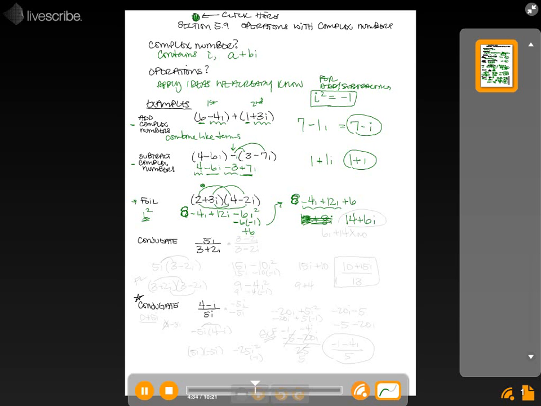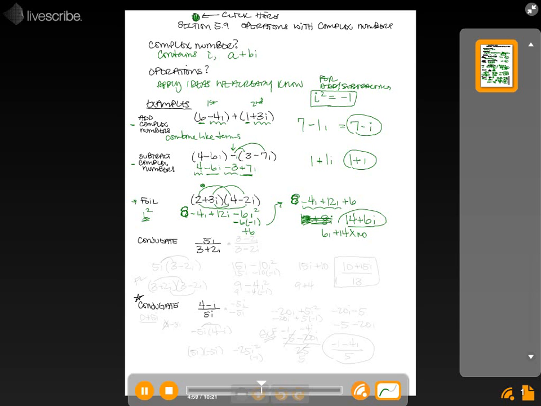That was my mistake. Good for you if you caught it. If you didn't, you need to be paying more attention to my work. Hopefully you didn't make the same mistake either. But now our answer is 14 plus 6i. I will say that you do not want to write it like this. That is not the form for a complex number. A needs to be first, the bi part is second. So our answer is 14 plus 6i.